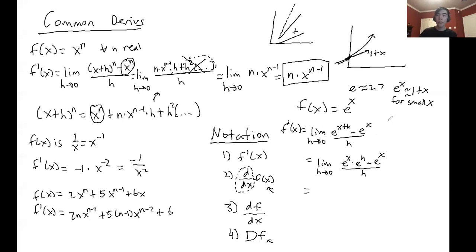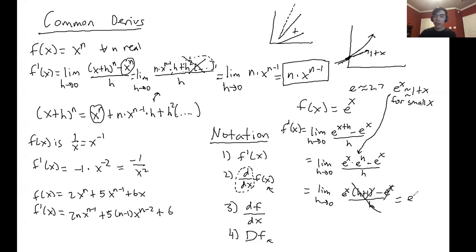And then we plug in e to the h is roughly 1 plus h for small h. So this is e to the x times h plus 1 minus e to the x over h. Now, you notice this e to the x term cancels out with this 1, and then we just have e to the x times h at the top, and this h cancels out with this h.